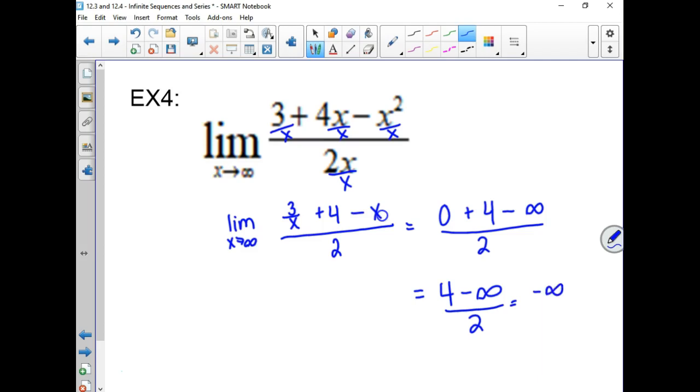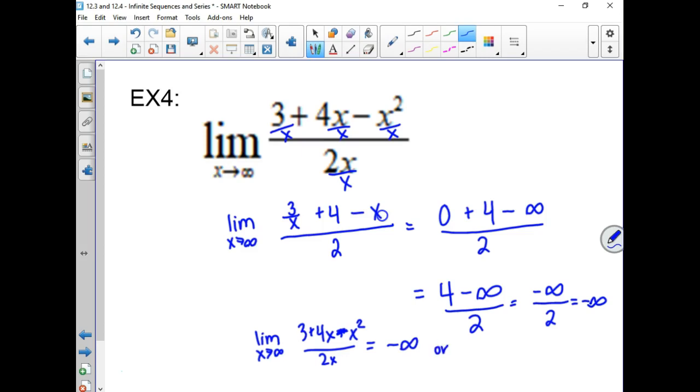If that was a plus infinity, we'd get positive infinity. And then what about if we divide negative infinity by 2? It's still negative infinity. So our answer for this, the limit as x approaches infinity of 3 plus 4x minus x squared over 2x, is negative infinity.